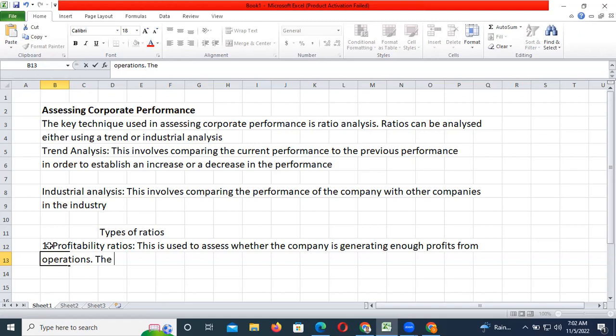So the key ratios that are used, we have the gross profit margin, that is number one. The gross profit margin measures the contribution earned on every sale the company makes.